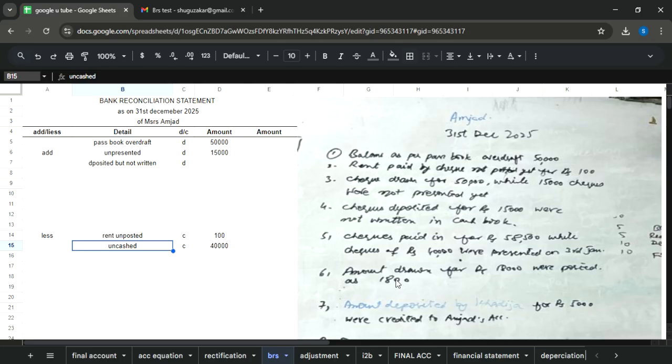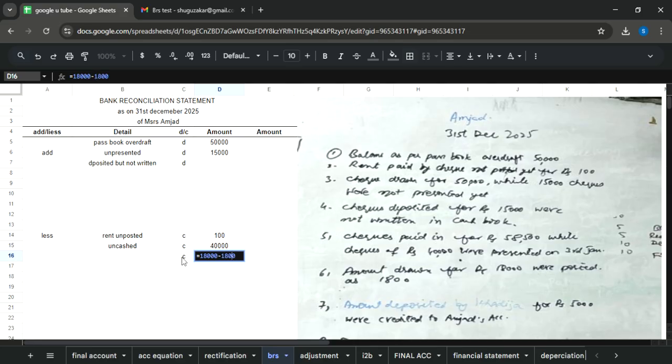In undercast, you will choose the same side. Amount drawn means the amount has been drawn from your bank account. The bank account should be decreased, it should be credited, but we have undercast. In undercast it would remain credit. How much amount will you write? The difference of 18,000 and 1800.